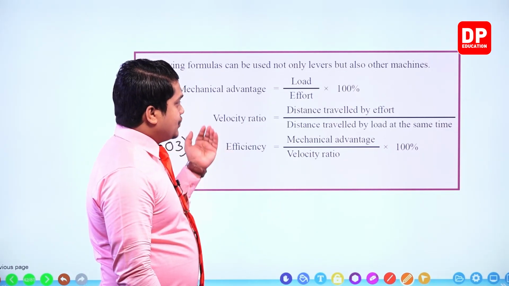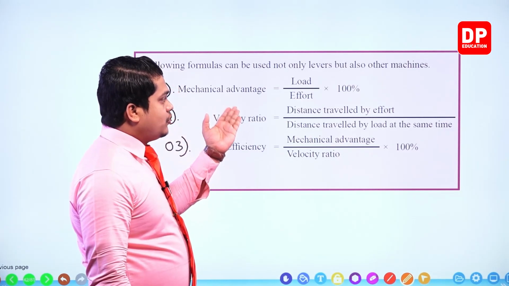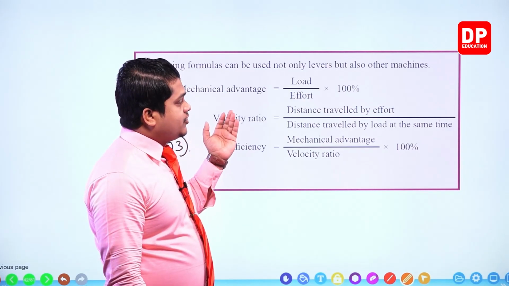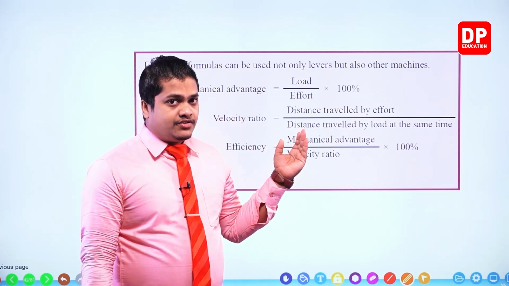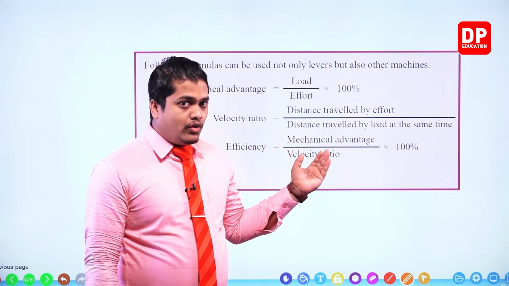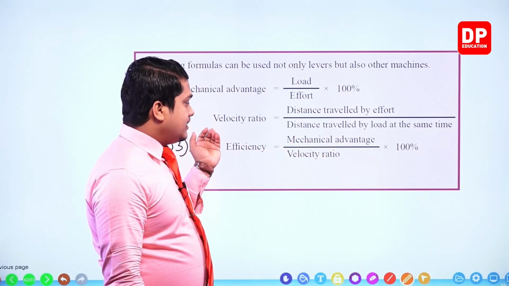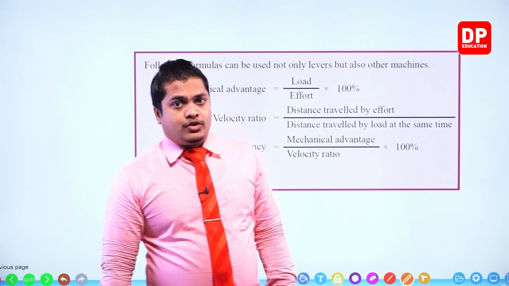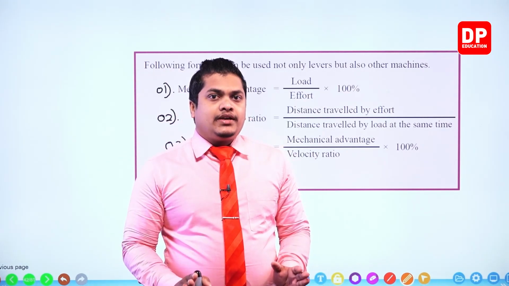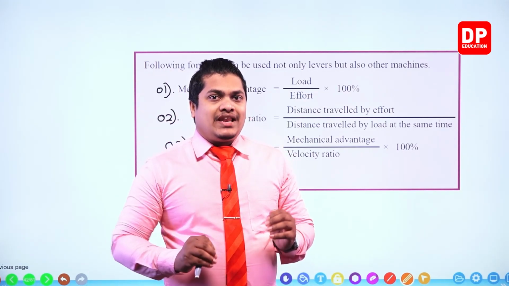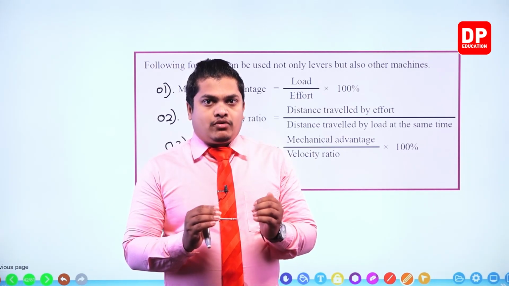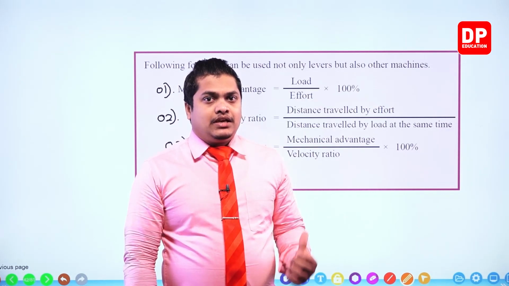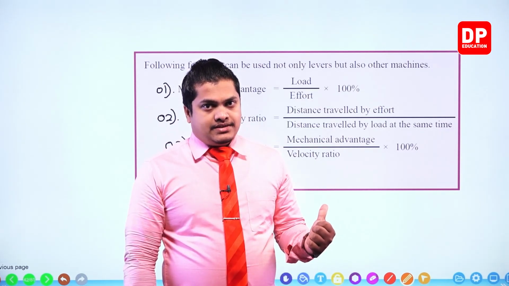Mechanical advantage is load over effort, velocity ratio is distance traveled by the effort divided by the distance traveled by the load, and finally efficiency is mechanical advantage over velocity ratio into 100. I hope you got the idea about the calculations related to levers and to each and every simple machine regarding these three key concepts.